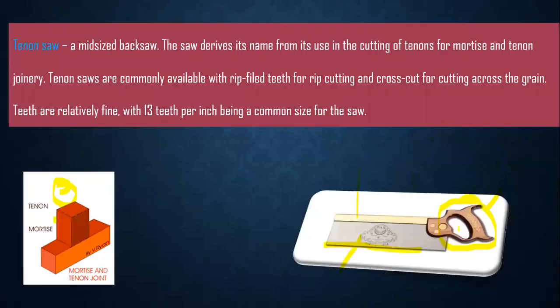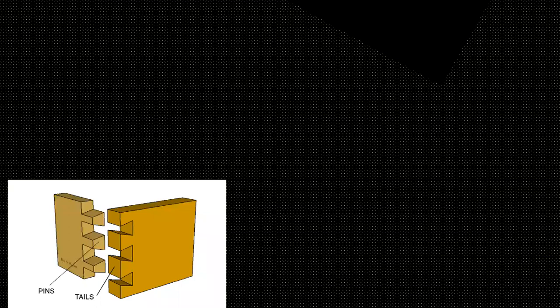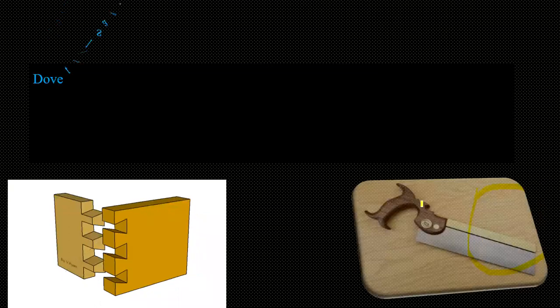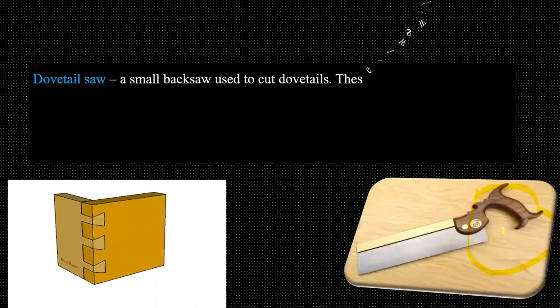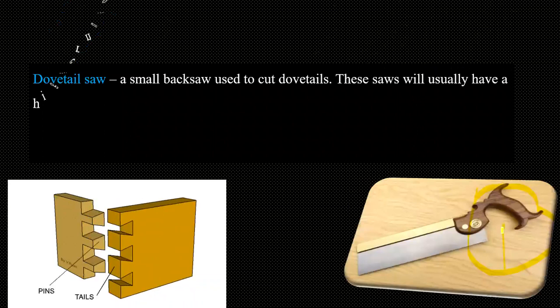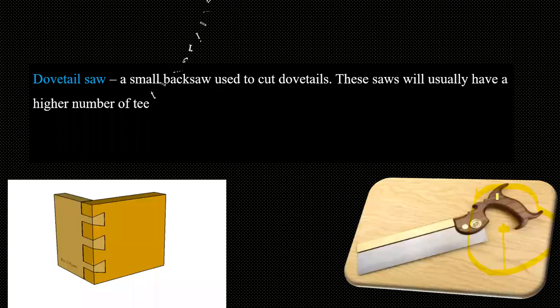You can see the handle here is closed. This place is complete. But on the dovetail saw, the handle is half open. As we can see in this diagram, you can see the space here for the handle.